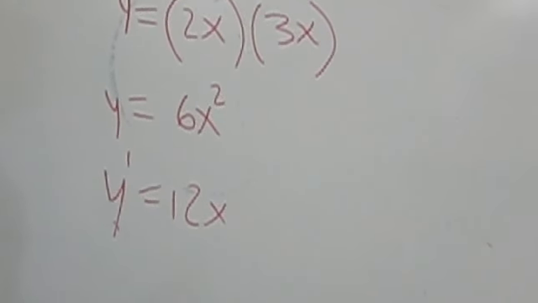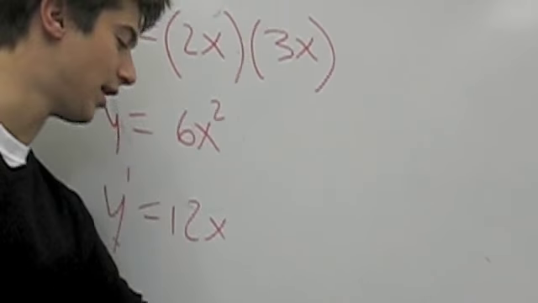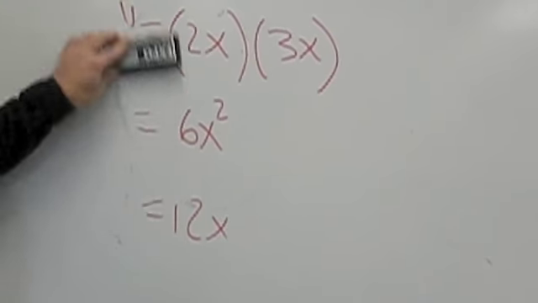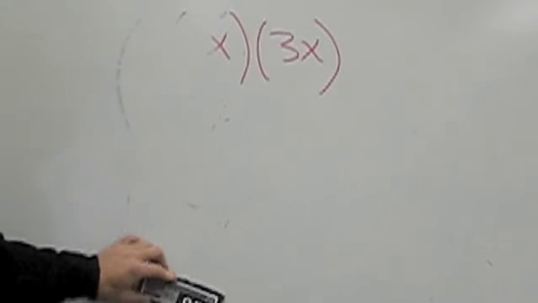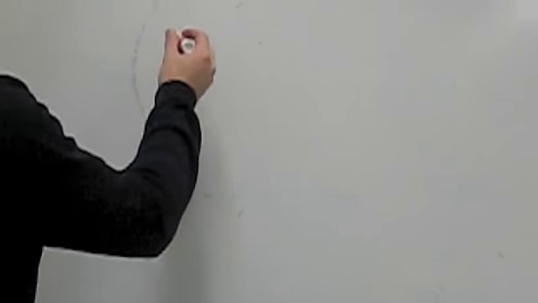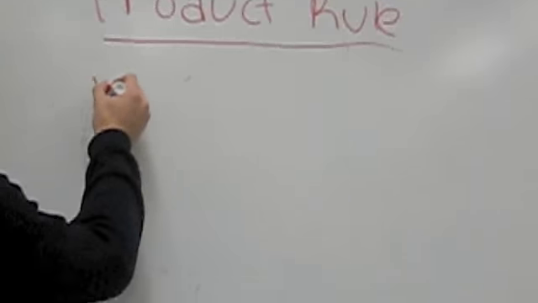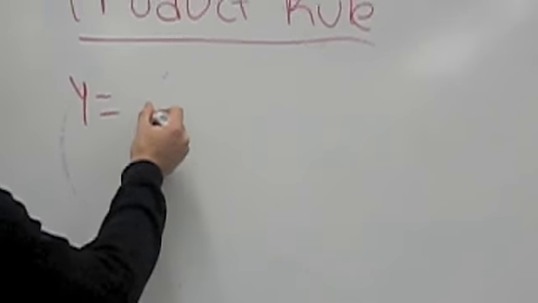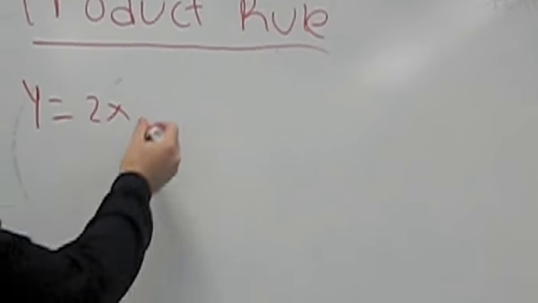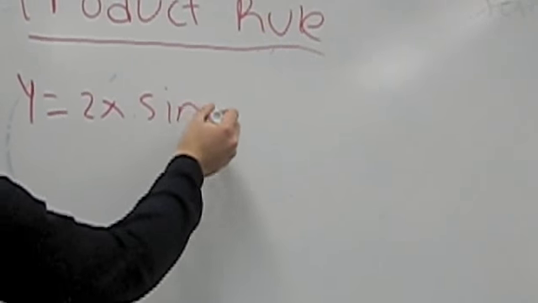However, there is a time where you get many complex functions where you can't just solve it that way. Through lots of practice and noticing patterns, we were able to come up with something called the product rule. This is an example of a problem that you could not do the traditional way of solving it. You have to use the product rule.